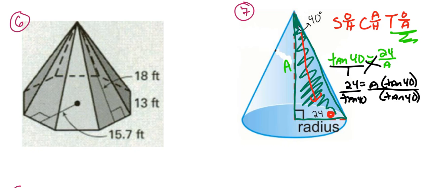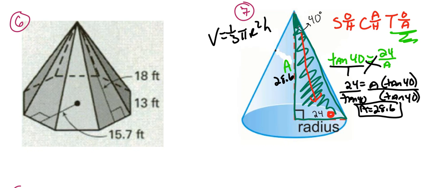So let me do that. 24 divided by the tan of 40. I get 28.6. Now, you're not done. That's just the apothem. This whole thing is about volume, so we do still need to actually find the volume. And this is a cone. So when it's a cone, again, it's 1/3 pi r squared times the height.